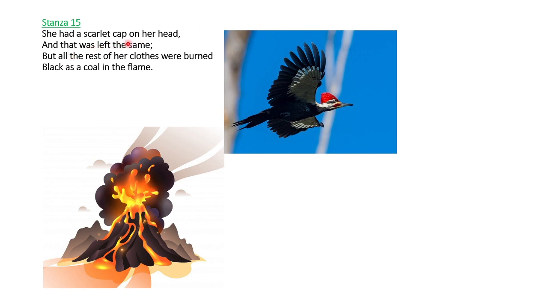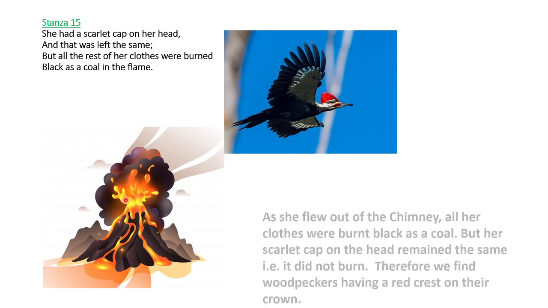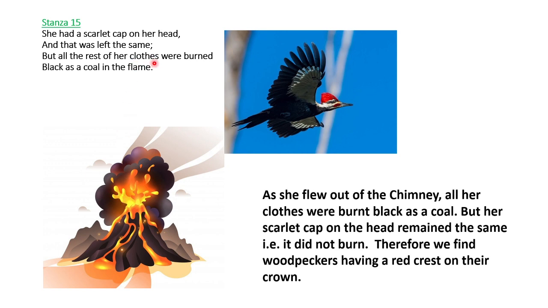She had a scarlet cap on her head, and that was left the same, but all the rest of her clothes were burnt black as a coal in the flame. So you can see the clothes of the woman were burnt, and the scarlet cap on her head did not burn. So as she flew out of the chimney, all her clothes were burnt black as a coal.